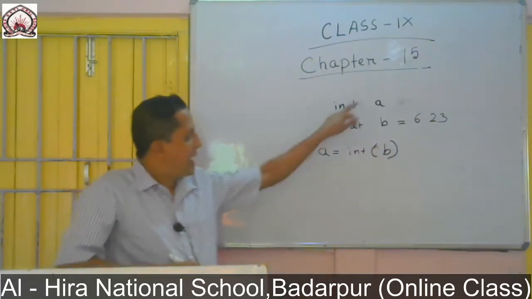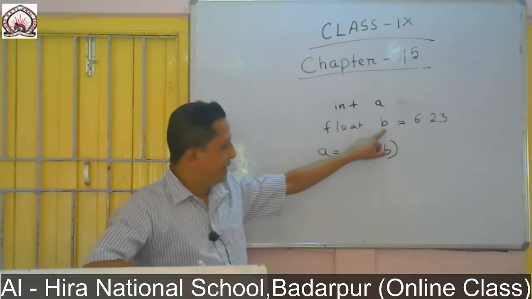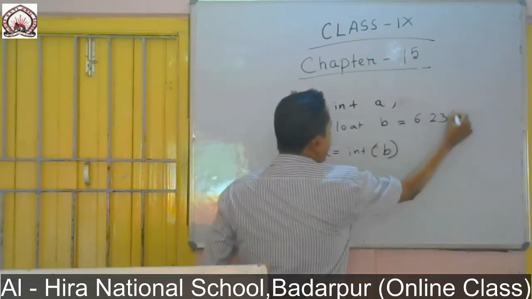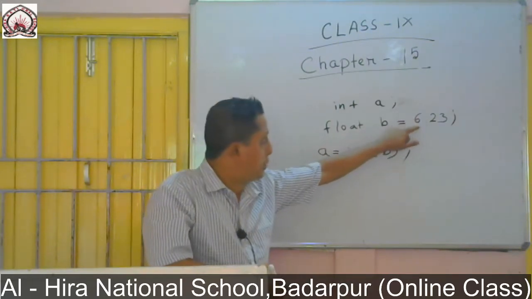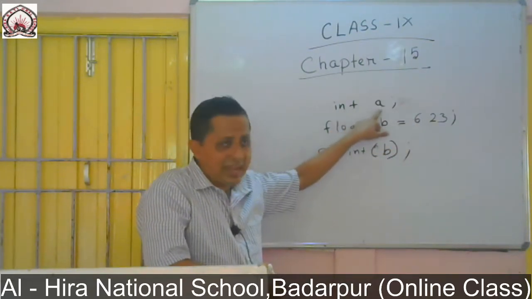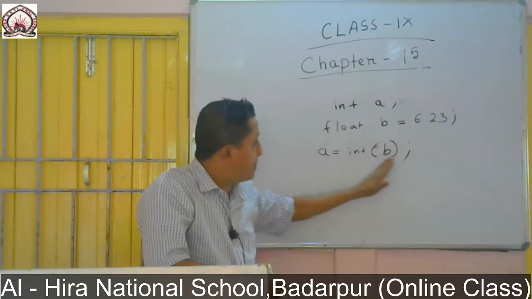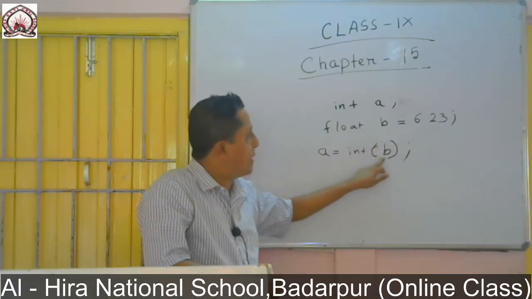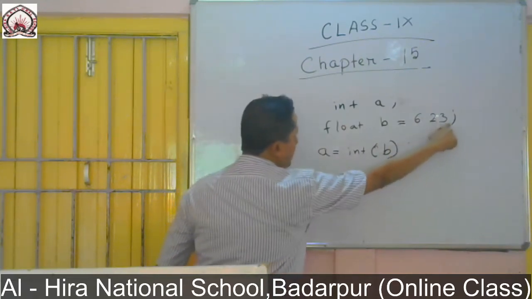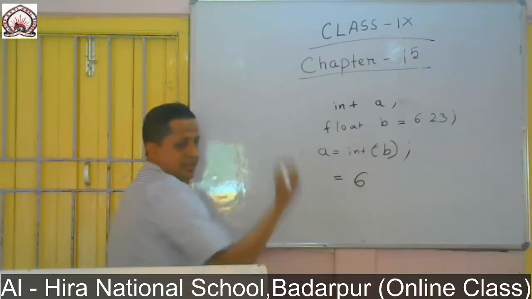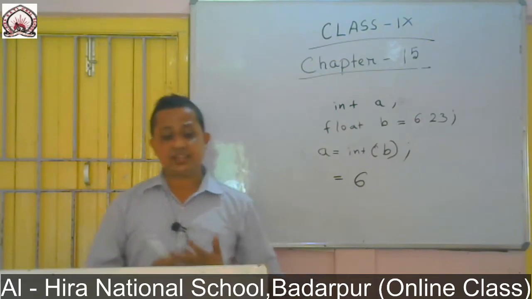You can see here, I have declared a as integer, b as floating, and I have initialized the value of b as 6.23. 6.23 is a floating and a is an integer. Now when I write a is equal to int of b, b is a floating, but before that I have written int, so b will be converted into integer. So the answer will be 6. It was 6.23, it is converted into integer, it becomes 6. So this is how explicit conversion is done.